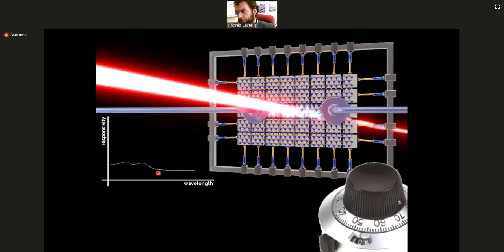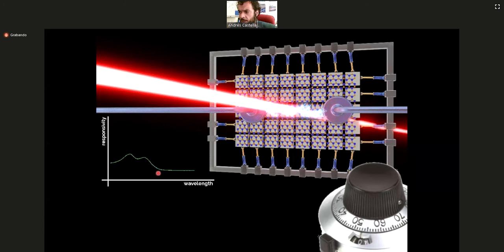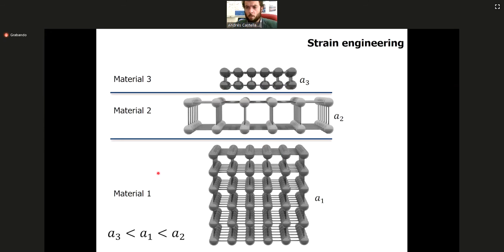Okay, and let's see how we can do this. The first thing is why to use two-dimensional materials in this field of straintronics: because they're quite flexible, in terms of the way we can apply strain. Strain engineering has usually been used in the semiconductor industry and material science by forcing epitaxial growth of materials with different lattice parameters.